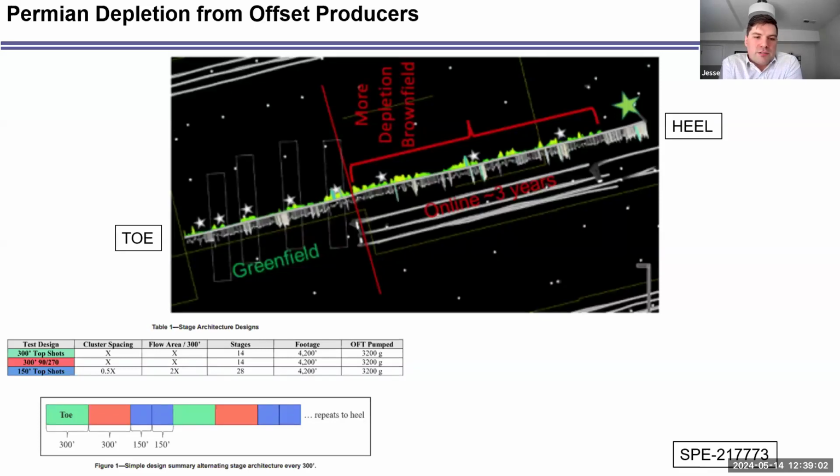So in the map view at the top, we have the well with gamma ray in the gray shading, and then the depletion curve in the green blue colored shading. You can see there are offset laterals that have been online producing for about 3 years.